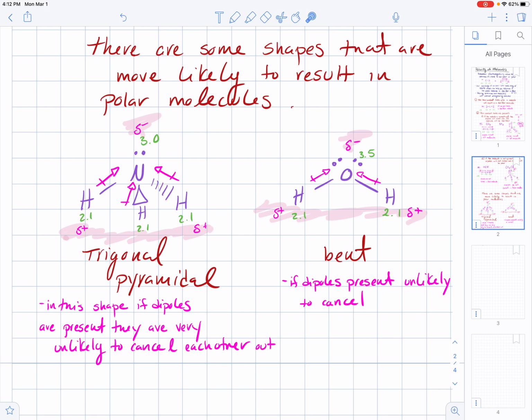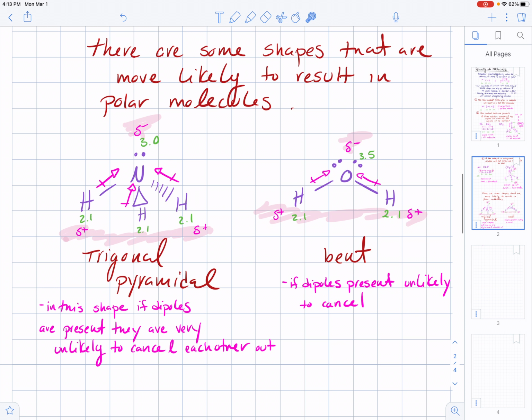They're all going to be upward arrows, and because they are all going upward, you would need a downward arrow to cancel it out, but there can't be a downward arrow because of the shape here. There's only these electrons hanging out up here. So all the dipoles are moving in this slight upward direction. That's going to give your nitrogen that slight negative partial charge up here. And that means down here by your hydrogens, you're going to have that partial positive charge.